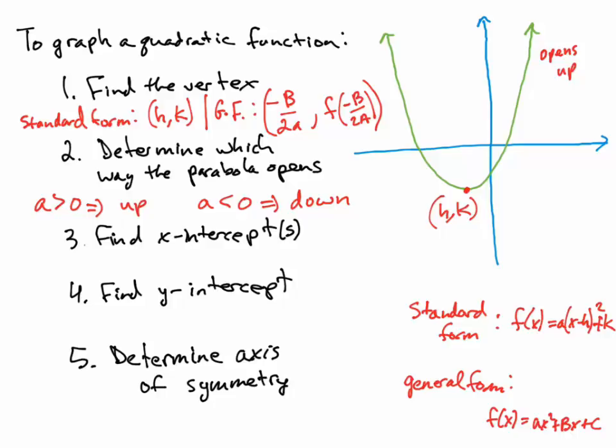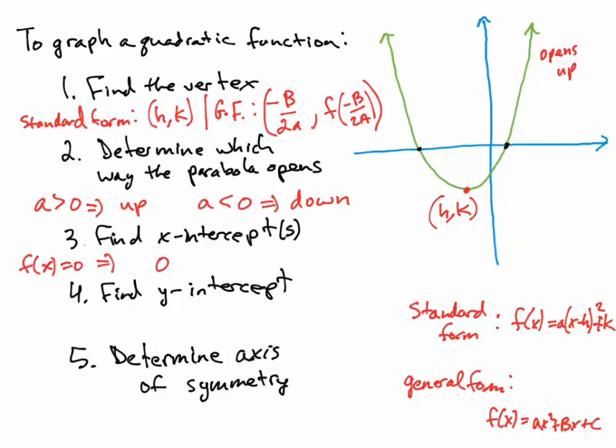And a parabola could have 0 intercepts, it could have 1 x-intercept, or it could have 2 x-intercepts. This parabola that I drew has 2 x-intercepts right here and here. So what we want to do to find the x-intercept, we solve, or rather, we find out when f of x is equal to 0.